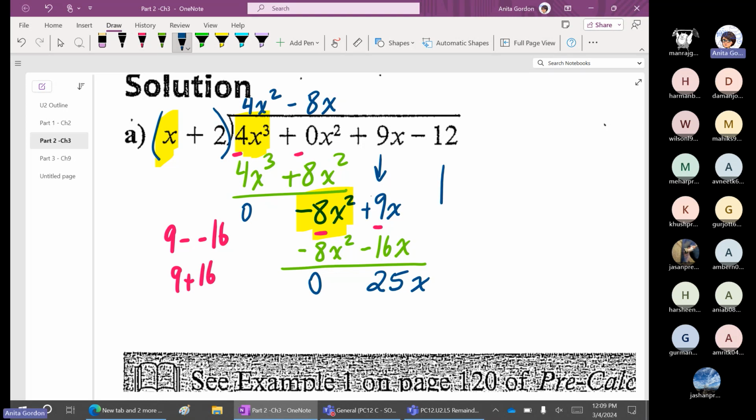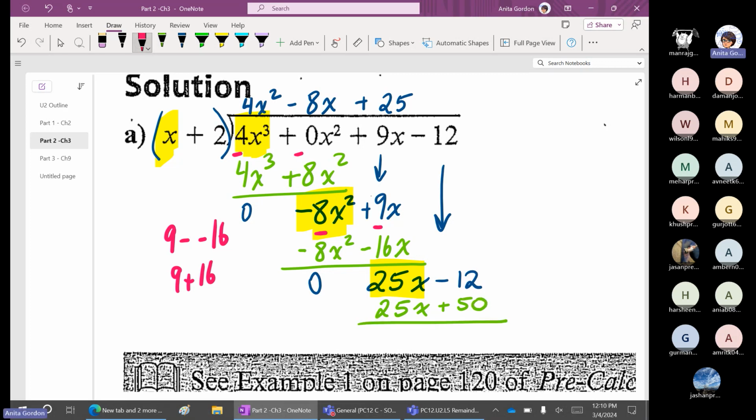Okay, bring down the next term. Again, focusing on just the first term, what is my quotient? What do I do to get 25x? Positive 25. Again, I multiply both terms. 25 times x is 25x. 25 times 2 is 50.